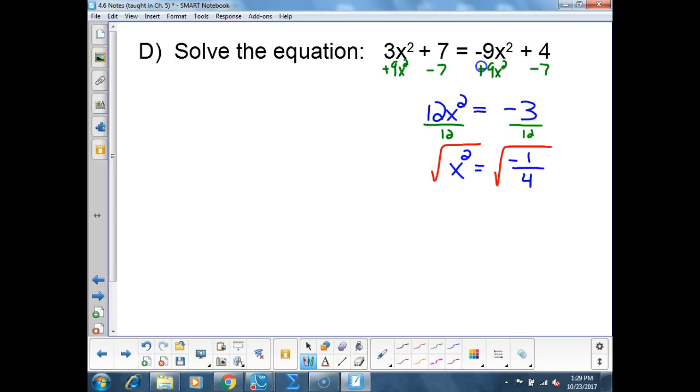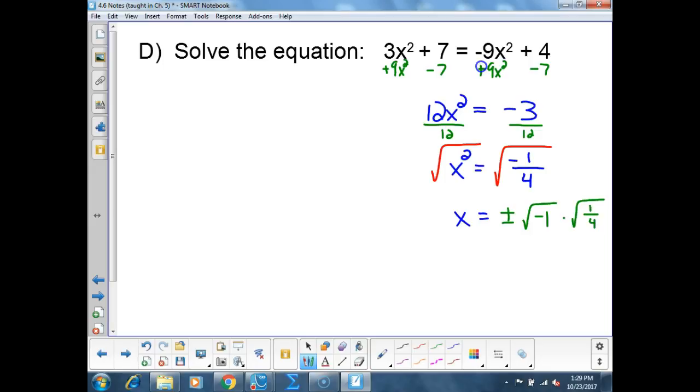Left side gives me what? Right side gives me what? Plus or minus is where we start because we're solving. Square root of negative 1.